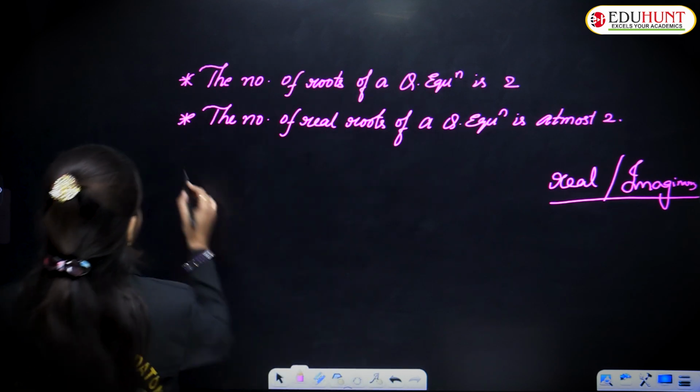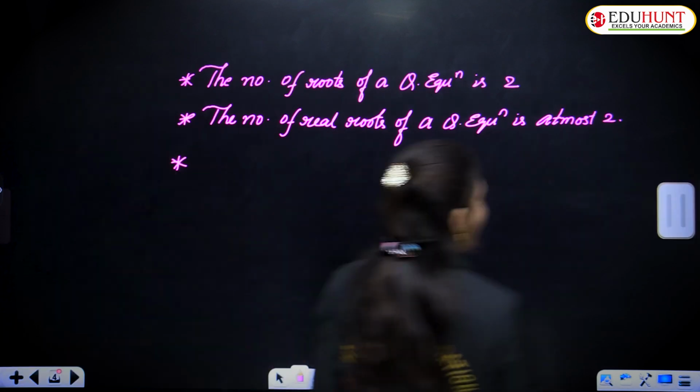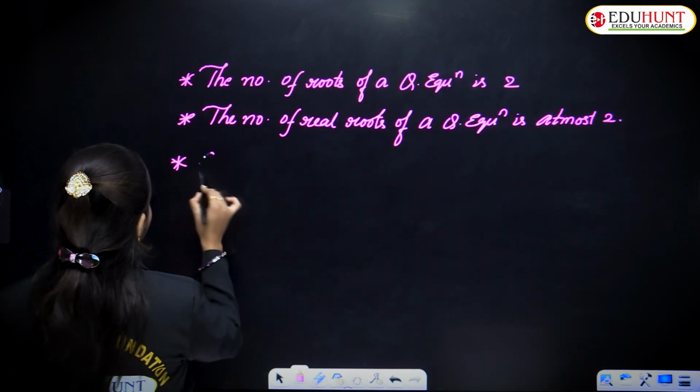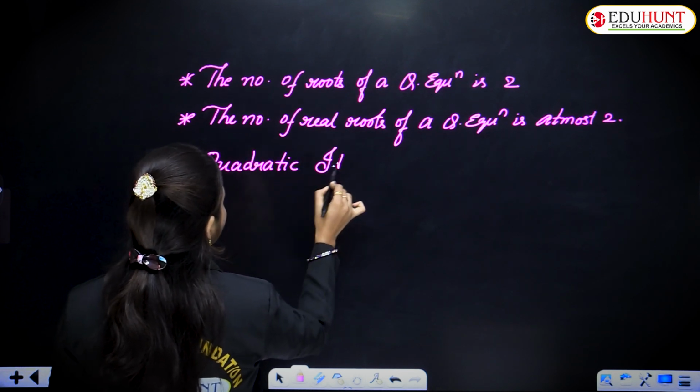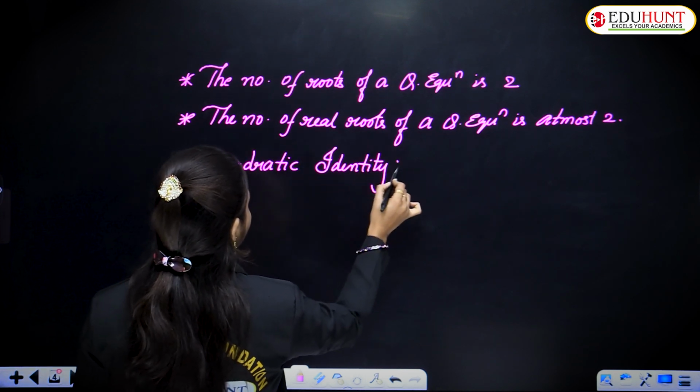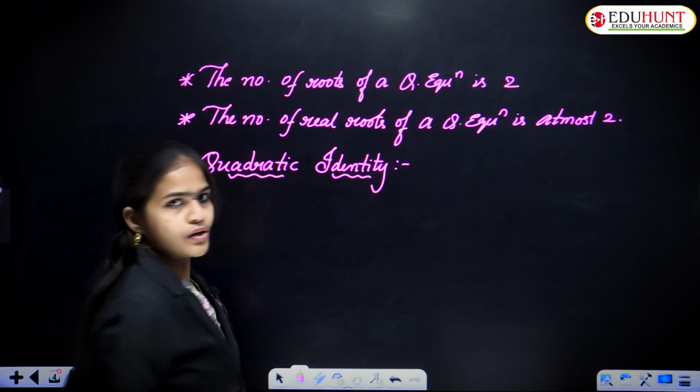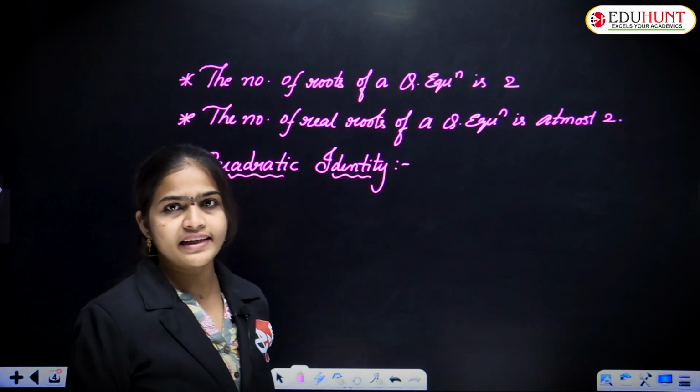Understand? Next, the third point is quadratic identity. So what about that quadratic identity?